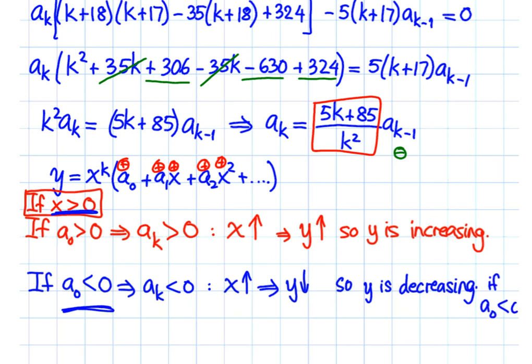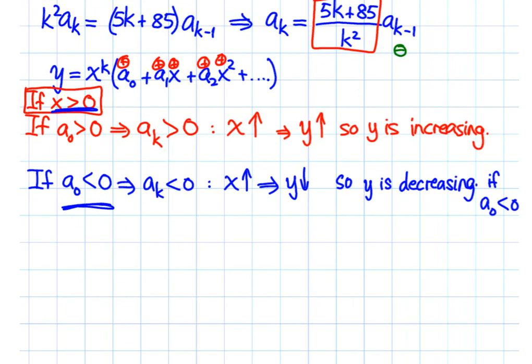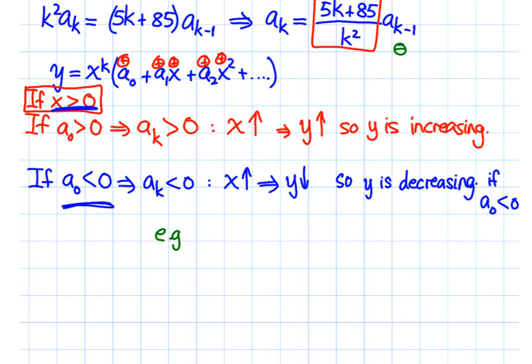I'll give you a simple example. So we have something, again, all the coefficients are positive. Let's say 2x plus 5x squared plus 7x cubed. Let's say something like that. All the coefficients are positive, and the bigger values for x, the bigger value for y, that is increasing.